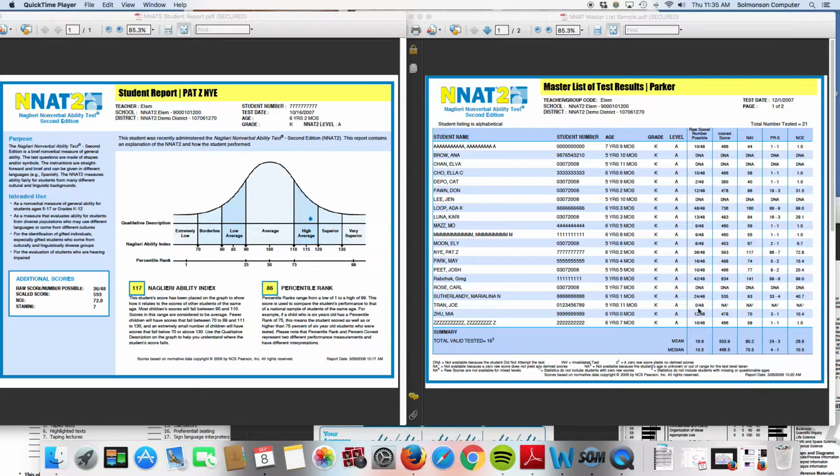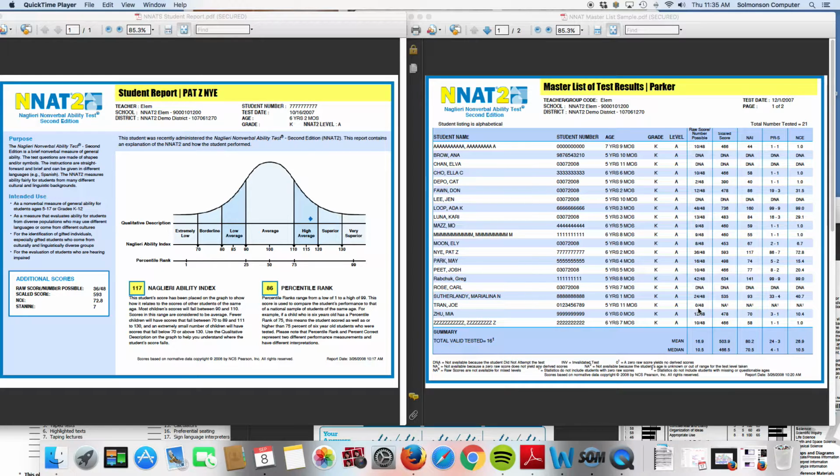So this is going to be part of your assignment here. You'll have these copies. I'll link these copies in the module so you can print these out and look at them again. I want you to look at this, and I want you to determine which students you believe would qualify for gifted and talented, or that you'd be looking at if there's other considerations.